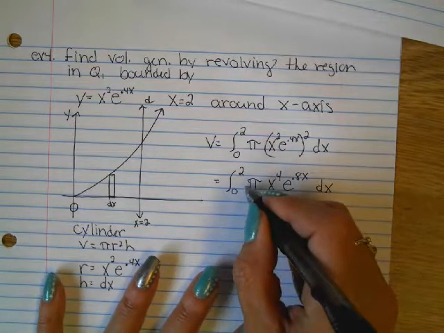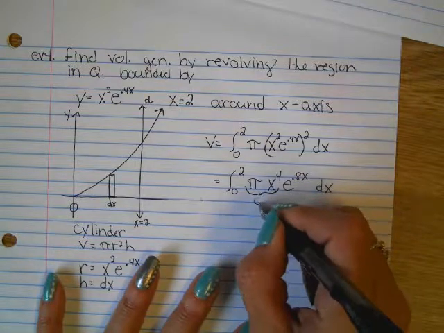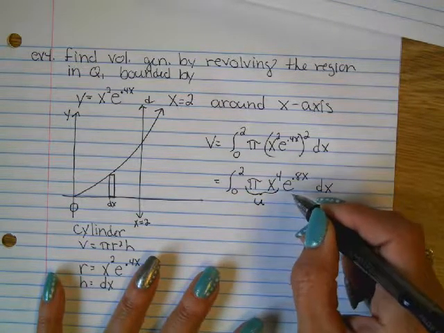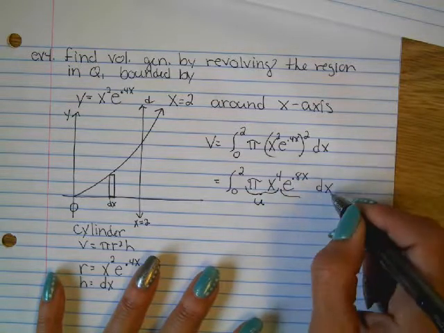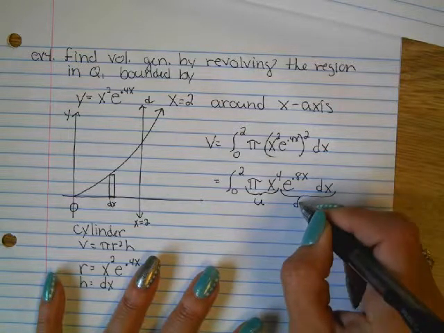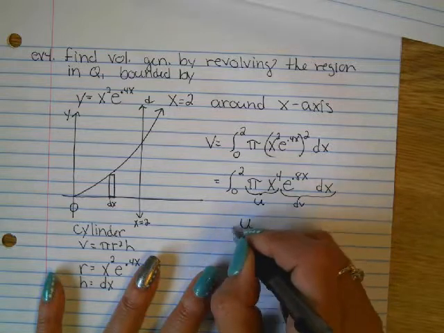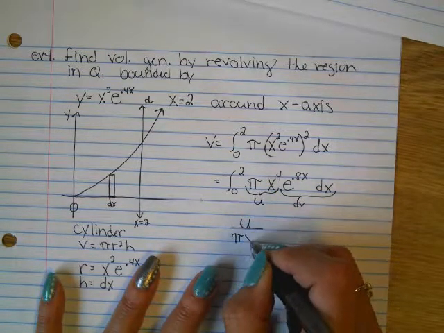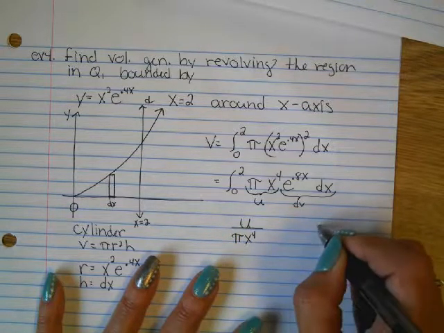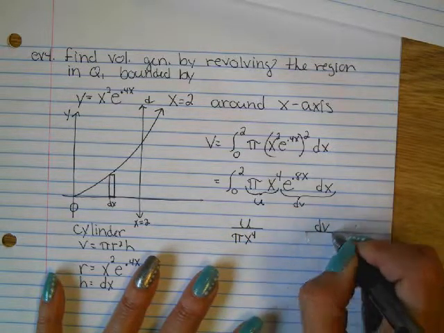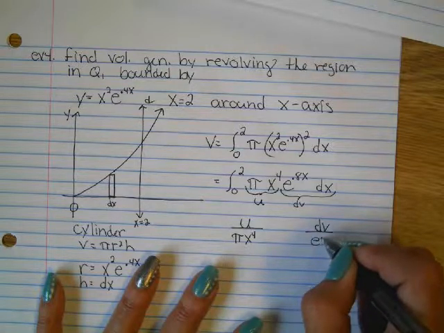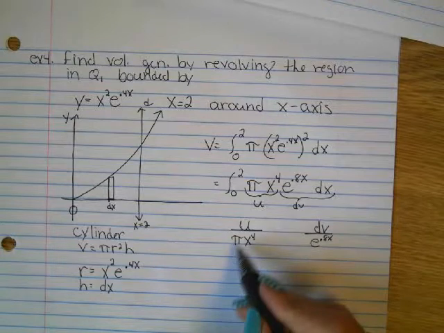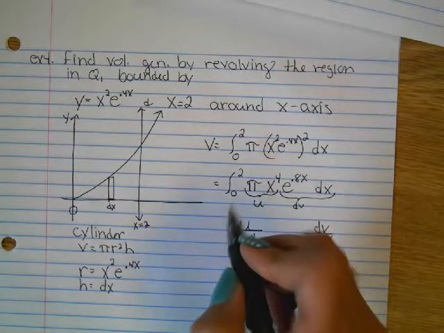So we will let u equal the x part because I know that'll get down to 0. And this will be the dv part. So u is going to start out as pi x to the 4th. dv is the e to the 0.8x. So now I'll go derivative here because I know this is going to come down to 0.